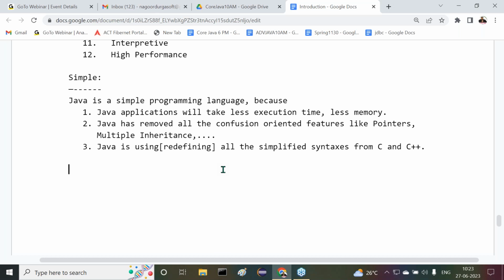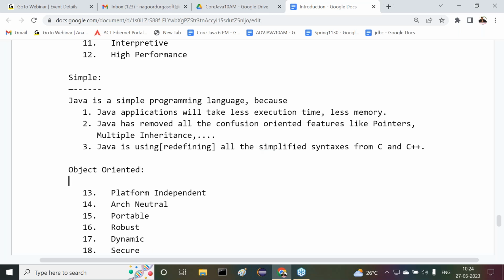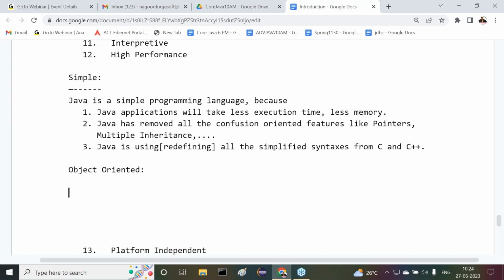That's okay, fine. This is another point we have to understand clearly. All right, sir. Next one. The second feature is object oriented. This point we already discussed almost 5 to 6 times. Tell me, what is the meaning of object oriented here?